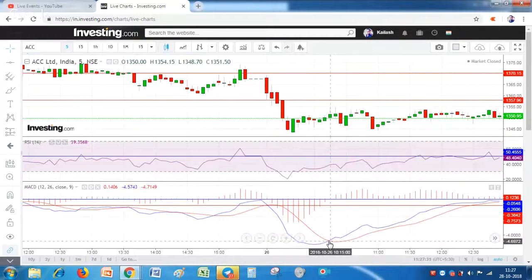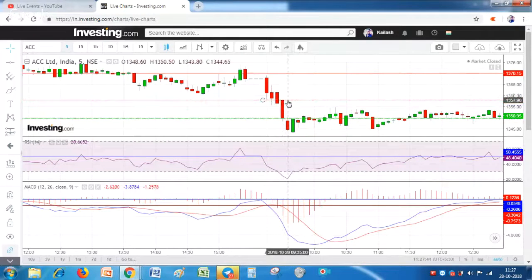So friends, at this point we should take an exit with around 8 rupees profit, because we went short at 1358 level. It moved down to 1344 somewhere.